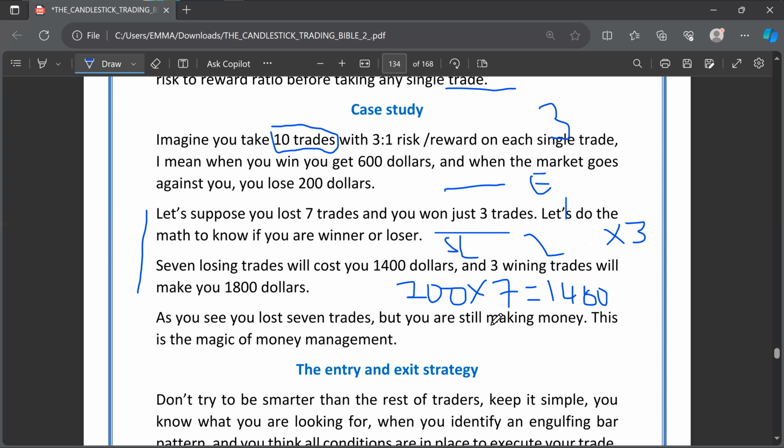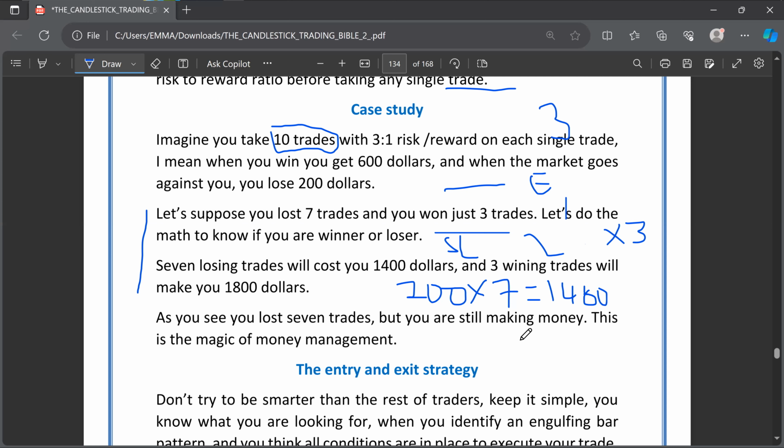$1,800. So if you are winning, your winning is 3.